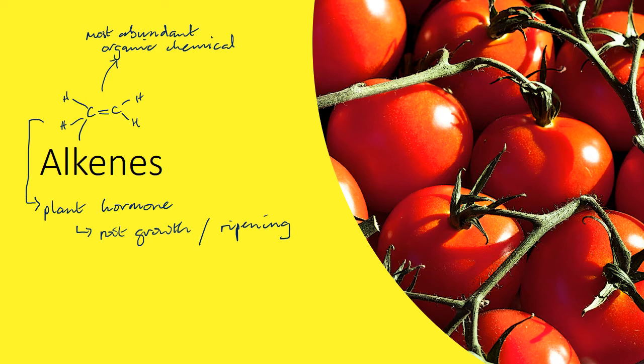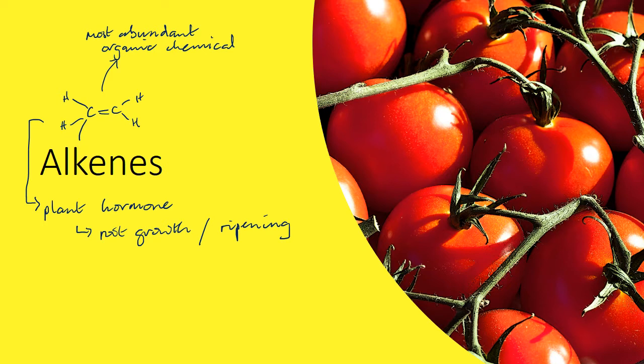So for example, in commercial applications, tomatoes, for example, that we've got a nice picture of, nice red tomatoes on the vine there, are actually picked green so that they can be transported without damage, and then either the wholesaler or the supermarket can control when they ripen by controlling the concentration of ethene in the atmosphere that they're kept in.